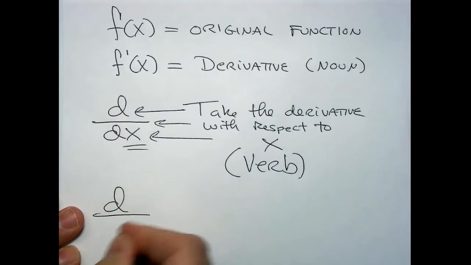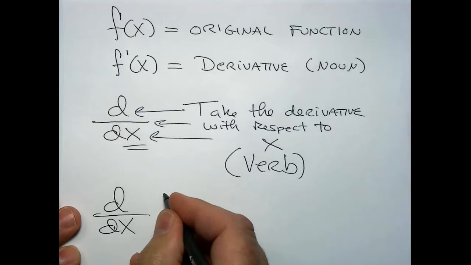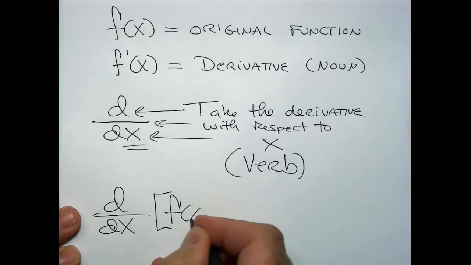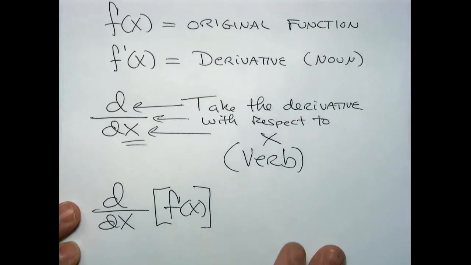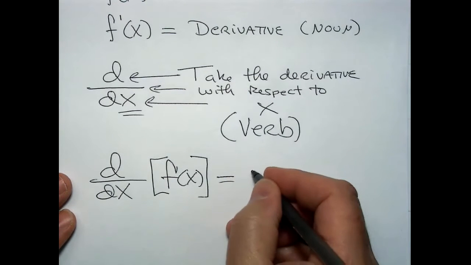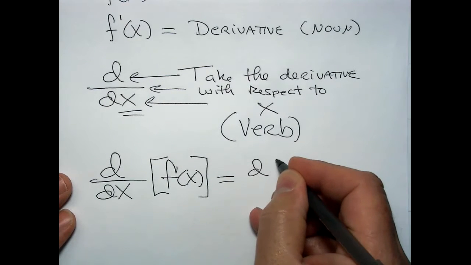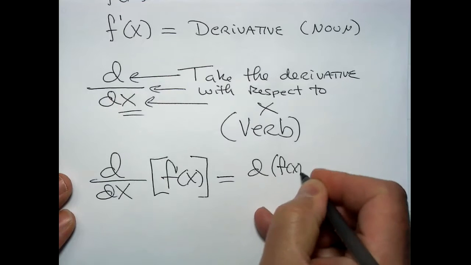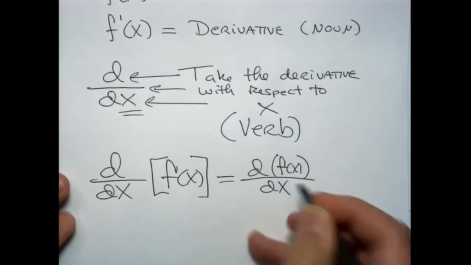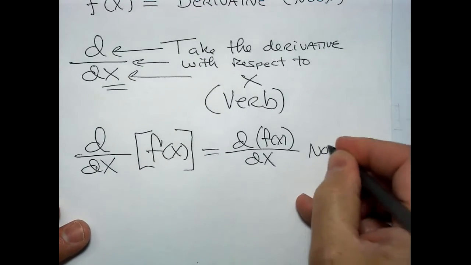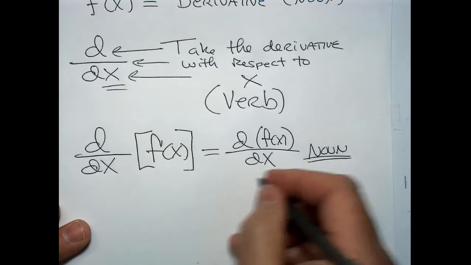Watch what happens when we take the derivative with respect to x of our function. What you get is a noun. This is a noun, and that is the derivative right there.